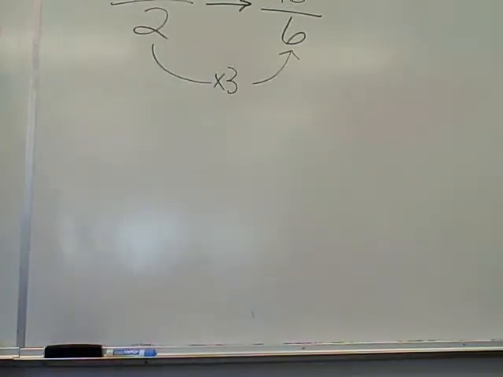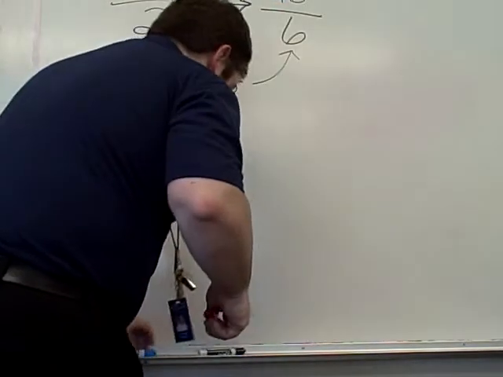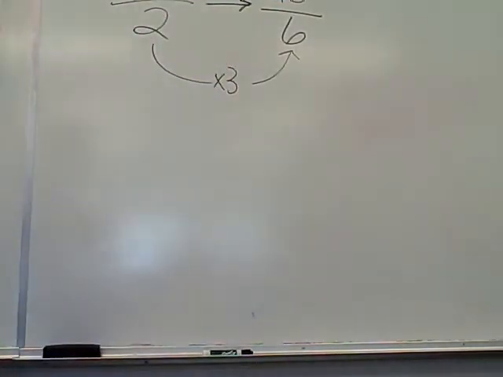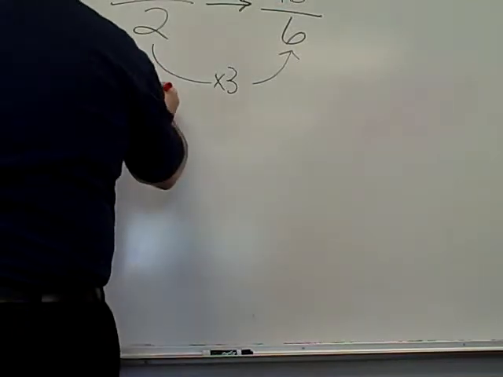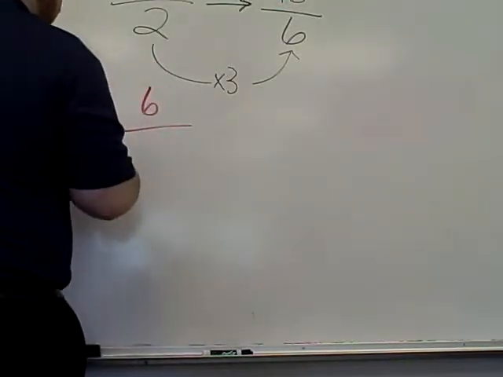Please copy down into your notebook, and if you want to use the same colors, it'll probably help you. 6/8 equals 3/4. You see the, oh, it's not in color. Shh, Nikes. I'll draw it on the board for you. It would help if you put it in 2 different colors. It doesn't have to match mine.